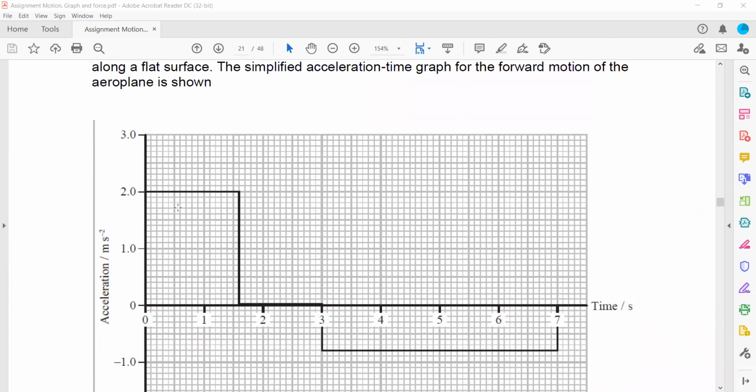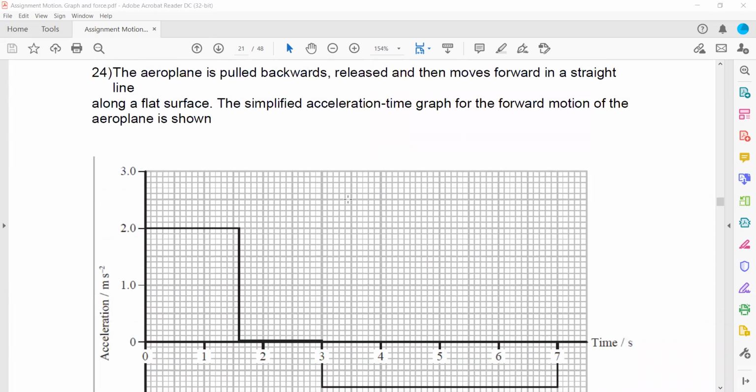We have the acceleration, and they mention that the airplane is pulled back and it is released. So initially it will be at rest. When something is released, initially it will be at rest.